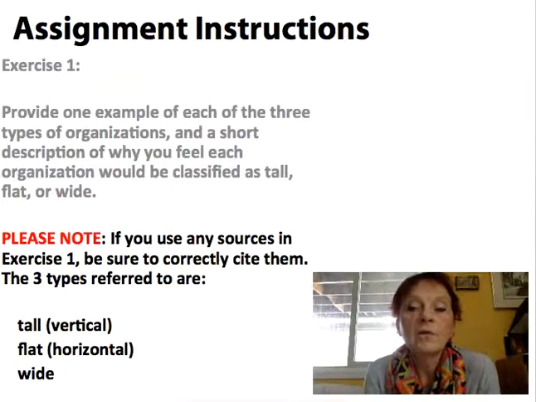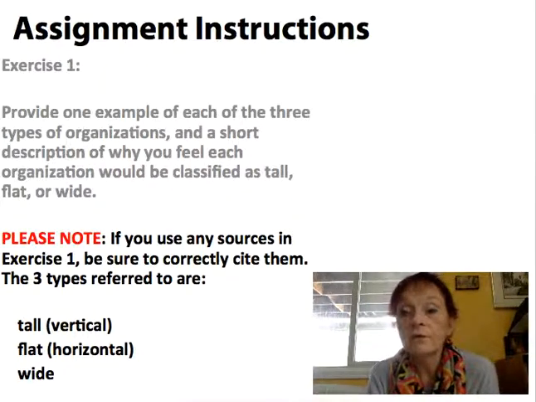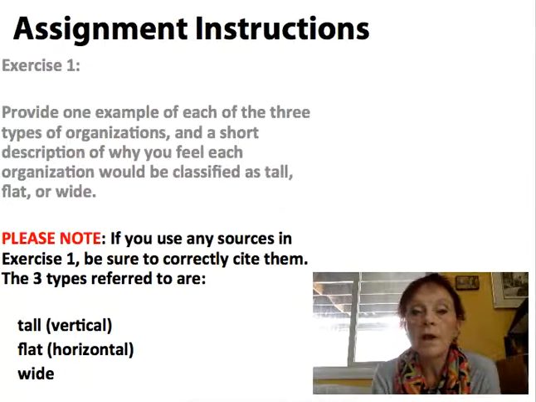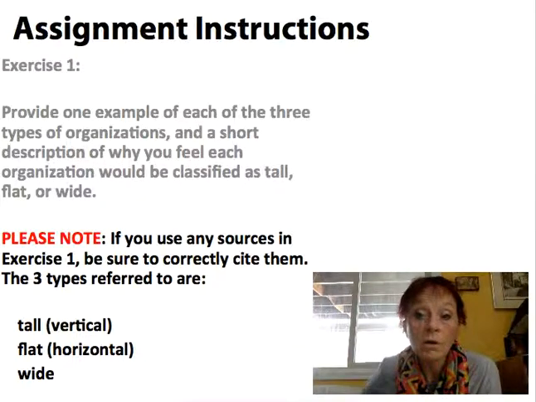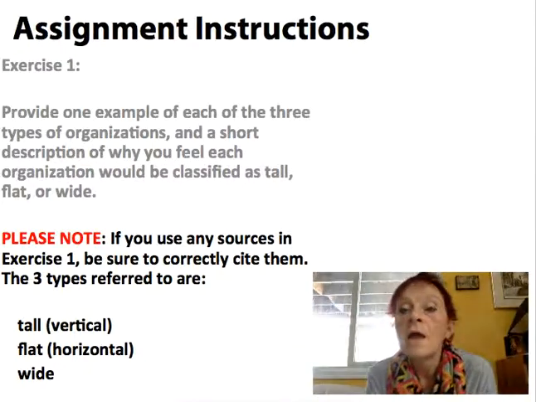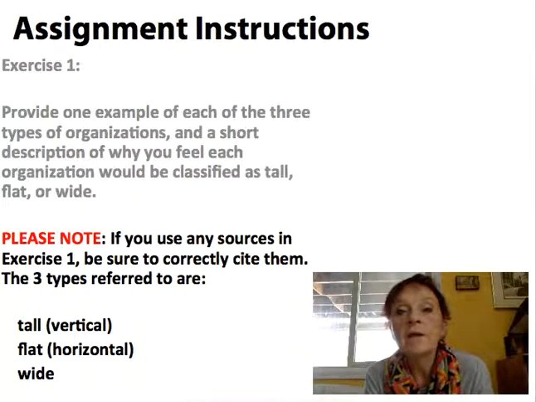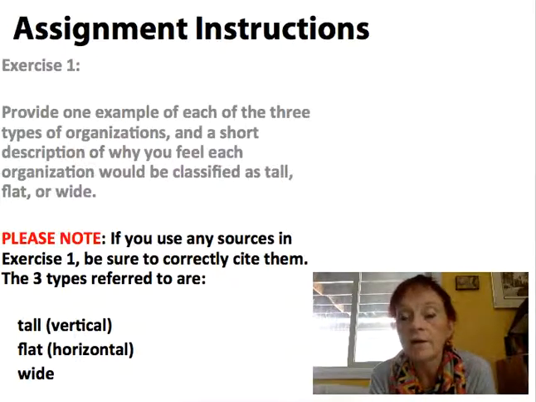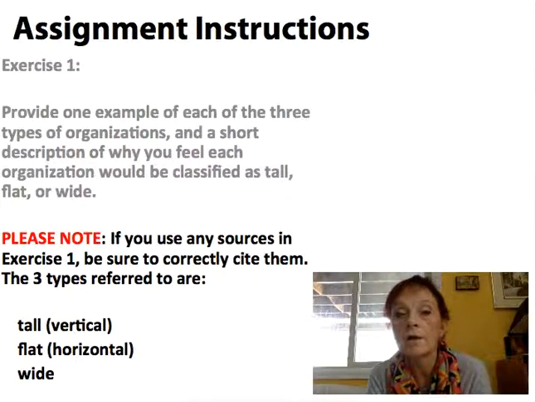So this assignment has several exercises with it, and in the first one, you're to look at 3 types of organizational structures: tall, also known as vertical; flat, also known as horizontal; and wide, and give an example of each of the 3 types of organizations and a short description of why you feel each organization would be classified as tall, flat, or wide.